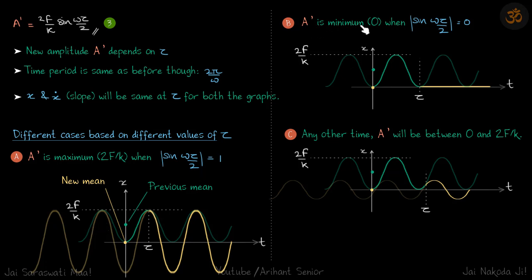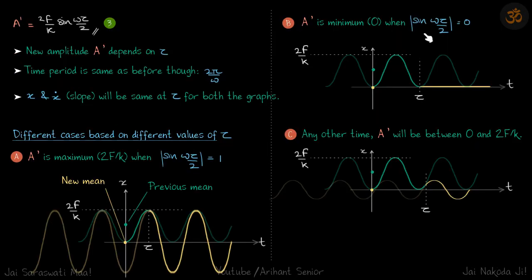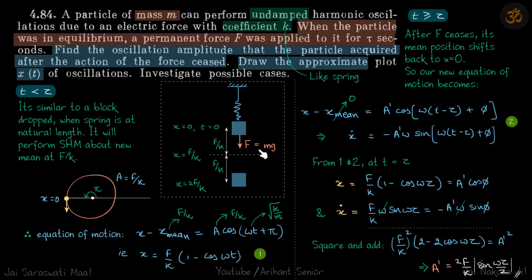Second, the amplitude will be minimum, that is 0, when sine(omega tau by 2) is 0. Which means the force will stop to exist when the particle returns to its initial position, when the spring was unstretched.